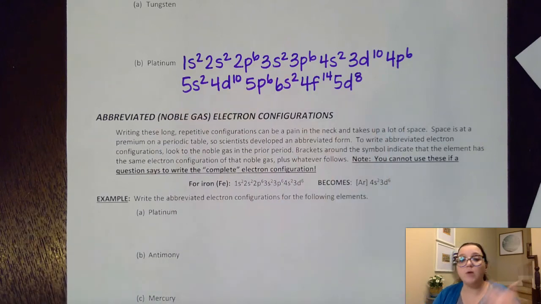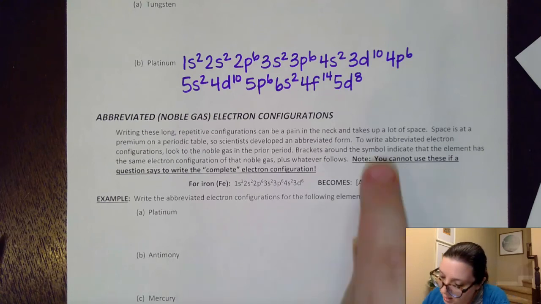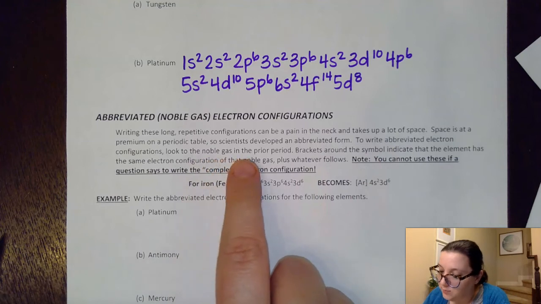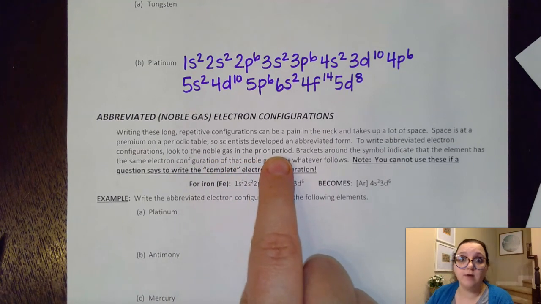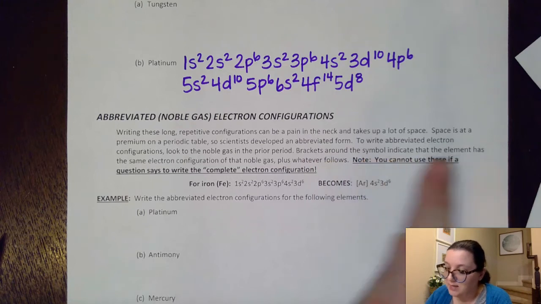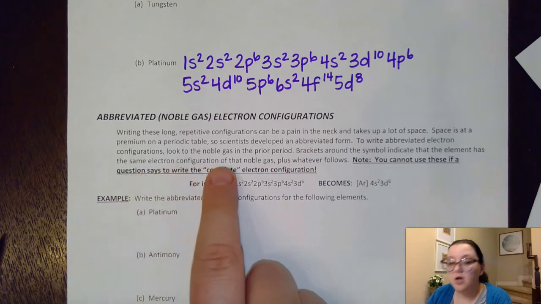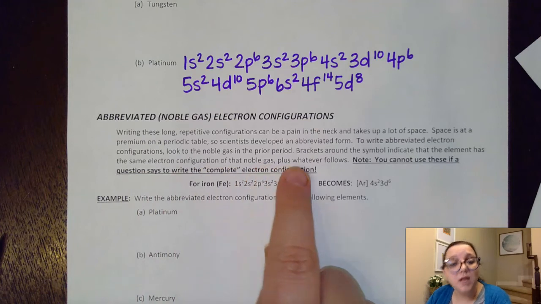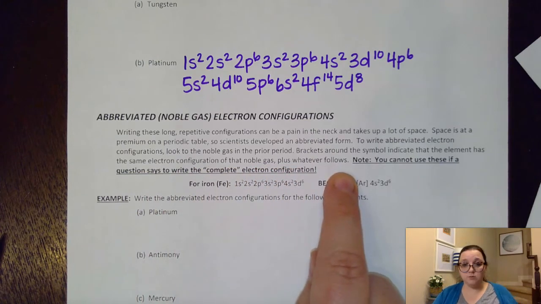But if it says to write an abbreviated one, then you're allowed to use this method, and it will save you some time. How the abbreviated version works is that you would look up the noble gas in the prior period to whatever element you're trying to abbreviate. We would then put brackets around the symbol of that noble gas to indicate that the element has the same electron configuration of that noble gas, plus then we would write whatever follows that point.